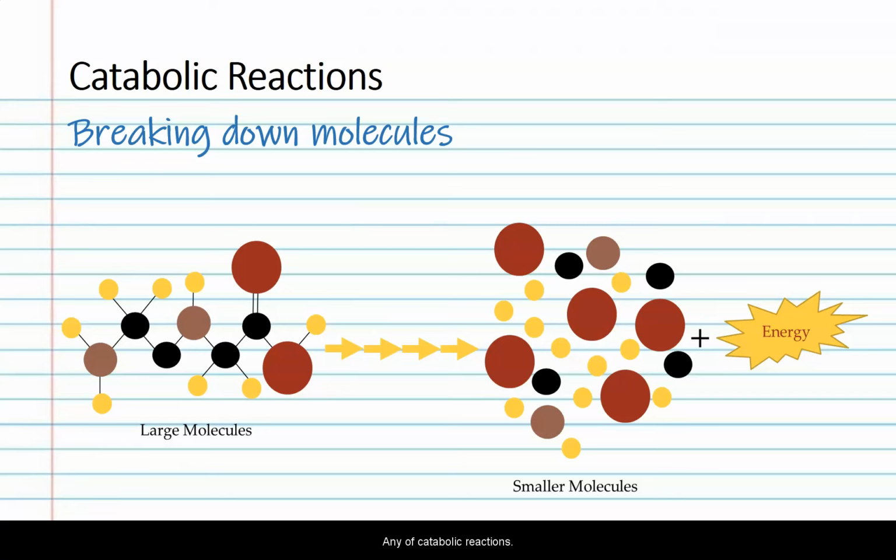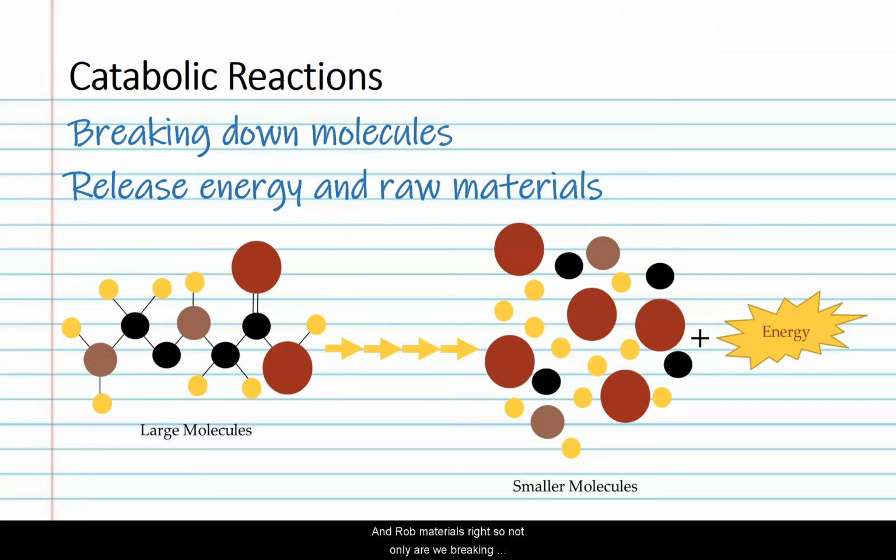And these catabolic reactions tend to release energy and raw materials, right? So not only are we breaking molecules down and releasing the chemical potential energy that's stored in them, but we are also releasing small molecules that can be used and recycled by the cell to build other molecules.